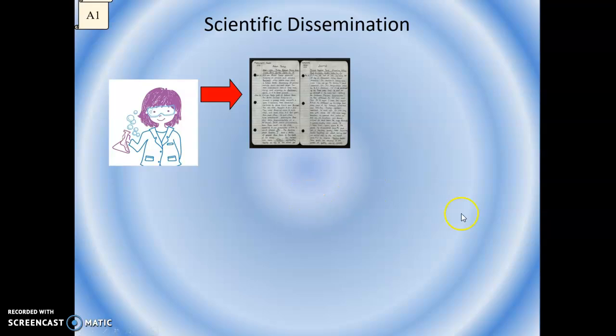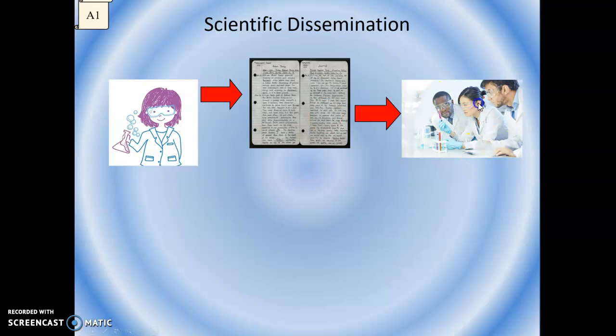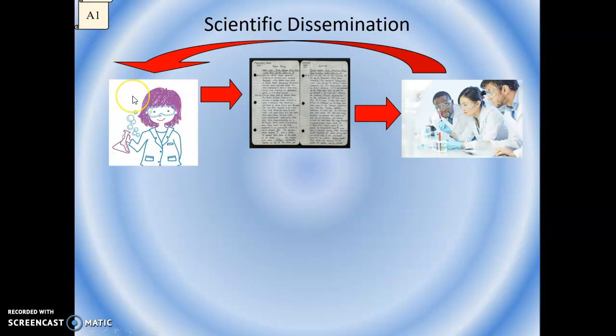Now, in science, one of the key things we do is that before we send that knowledge out to the world at large, we send that article off to some other scientists, and we call this process peer review. And these peers are going to look at that article and critique it and then send it back to the original scientist for revision, for updates to correct anything that seems wrong.